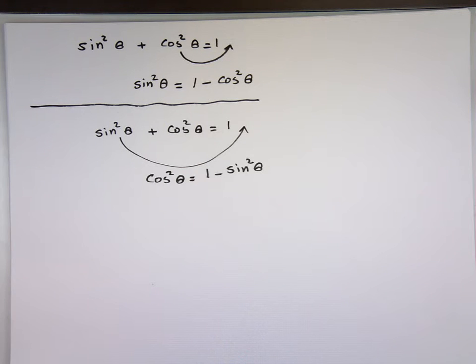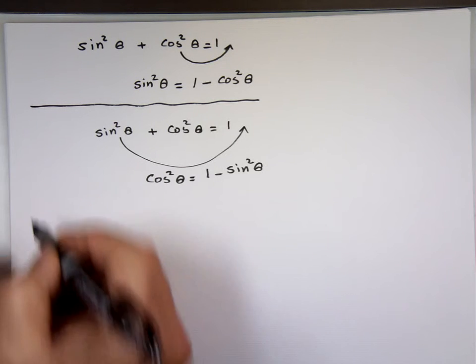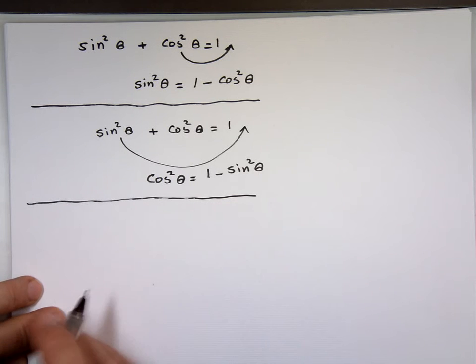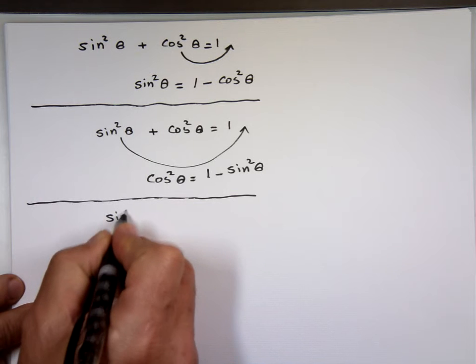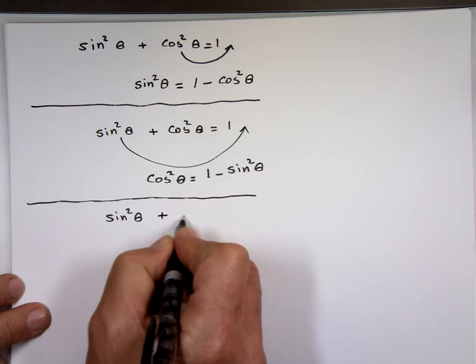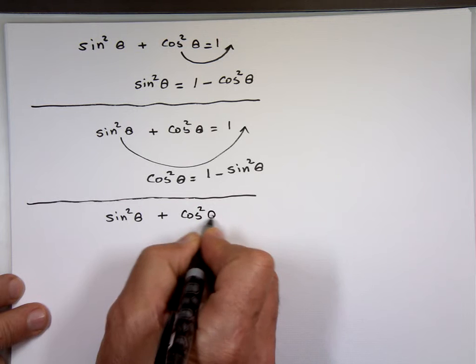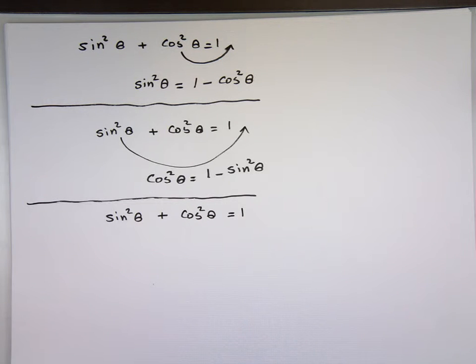Just a little derivation out of this one. Let me try another one. Sine squared theta plus cosine squared theta is equal to what? 1. This is an equation. I can divide every single term by the same thing without changing the equation. I'm feeling like dividing by sine squared. Don't ask me why, that's just the feeling I want.